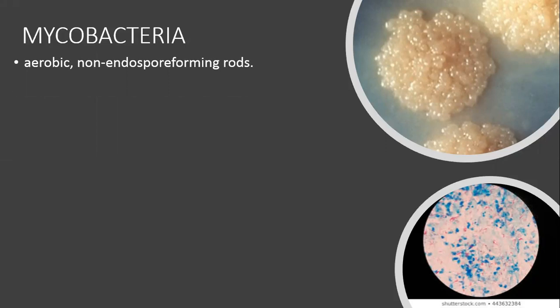I told you that they have different types of morphology in this group. So Mycobacteria display themselves as rods, and they are non-endospore forming, but the cells are very resistant to environmental stresses, and they are aerobic in nature.